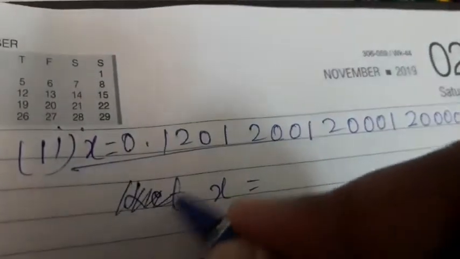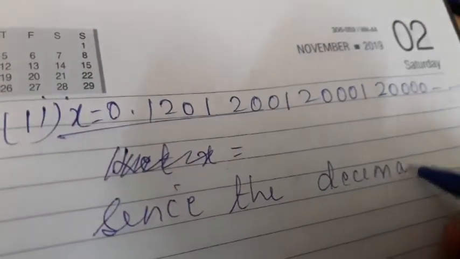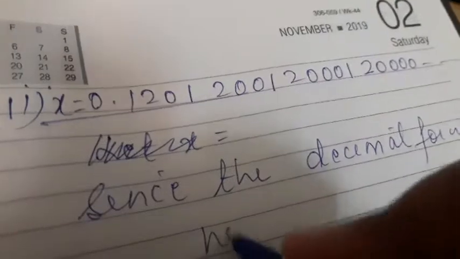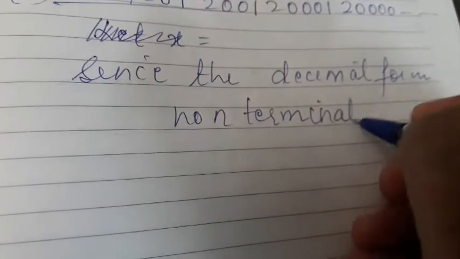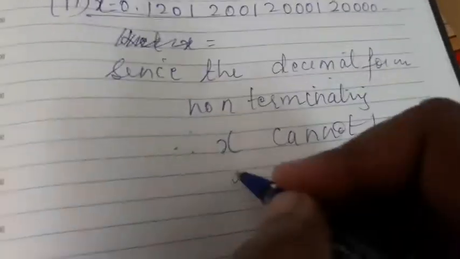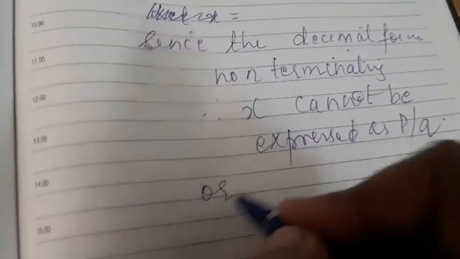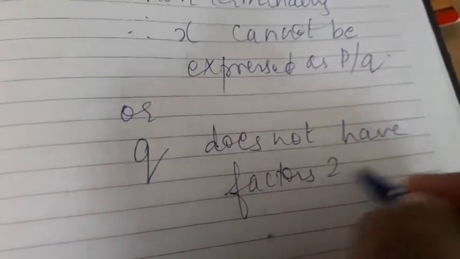Now if you look at this number, you will write let x be equal to this. You can write, since the decimal form is non-terminating, therefore x cannot be expressed as p by q, or q does not have factors 2 and 5.